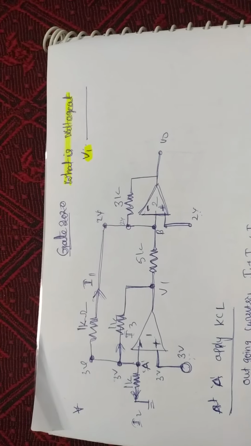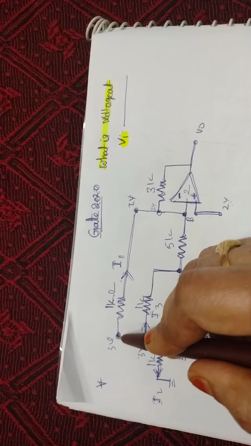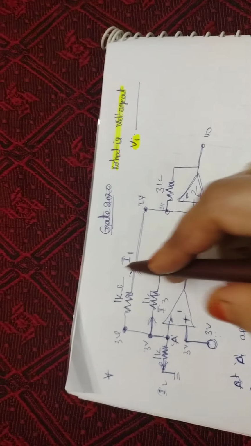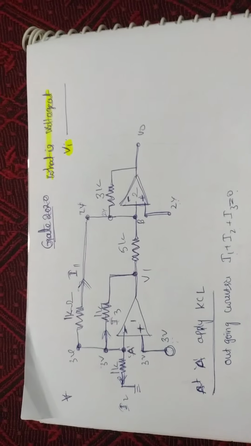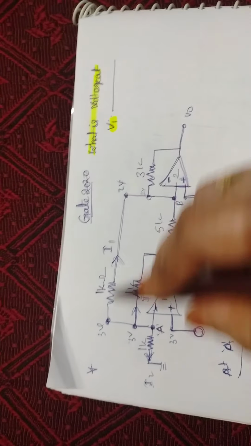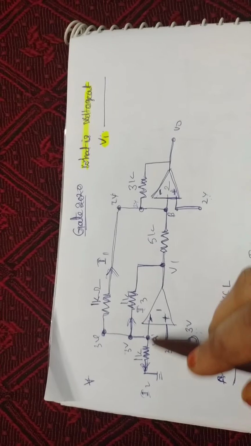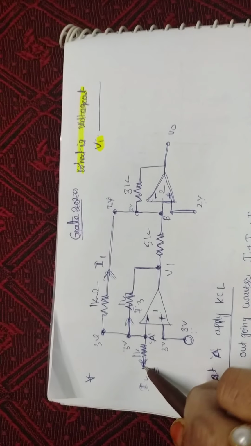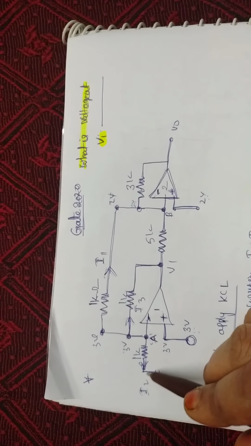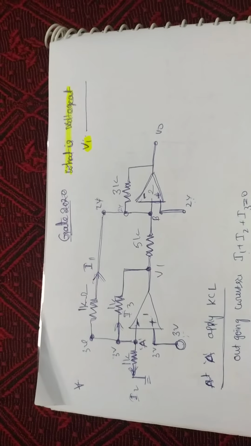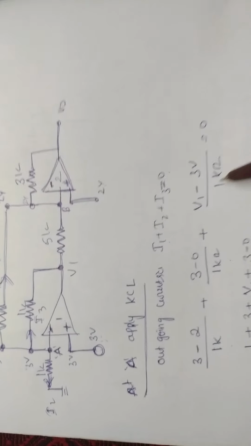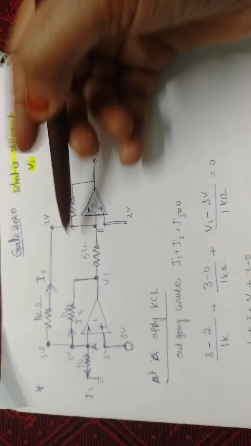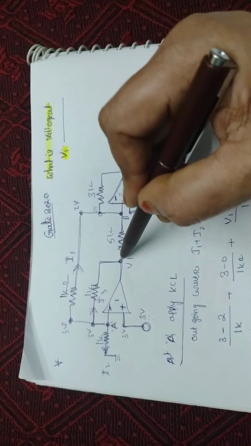At this node, I1 is 3 minus 2 volts divided by 1 kilo ohm. For I2, this is node A and this is node 0, so higher potential to lower potential: 3 minus 0 divided by 1 kilo ohm. And I3 at this node: we don't know this value, so we have to calculate it.